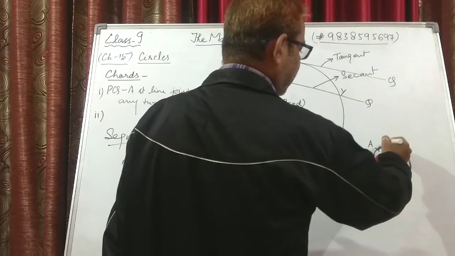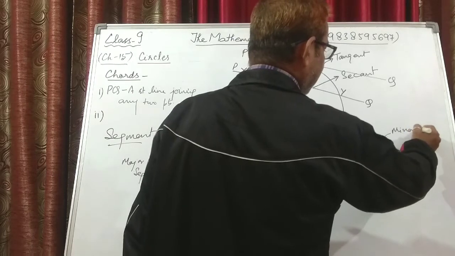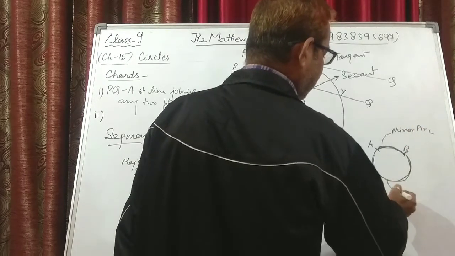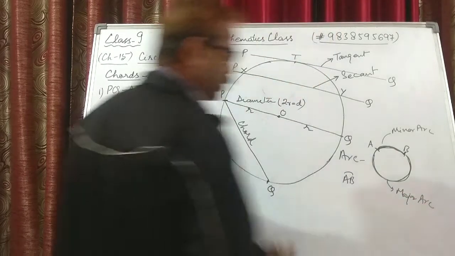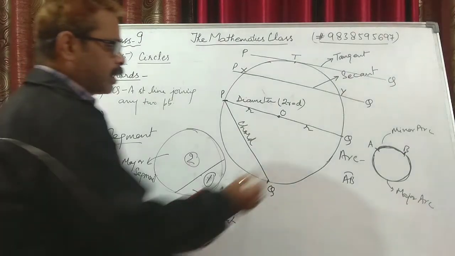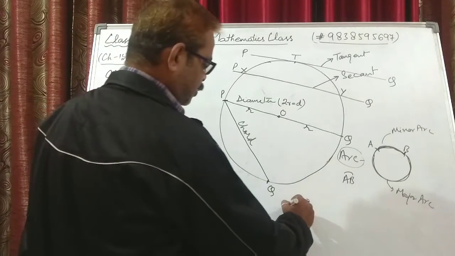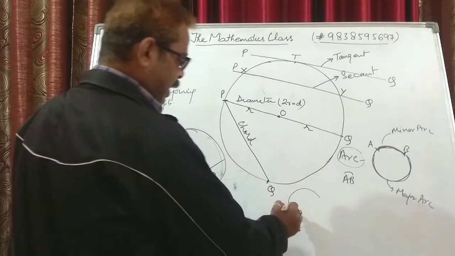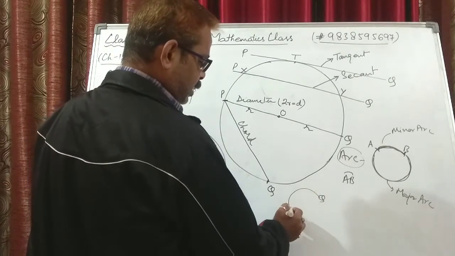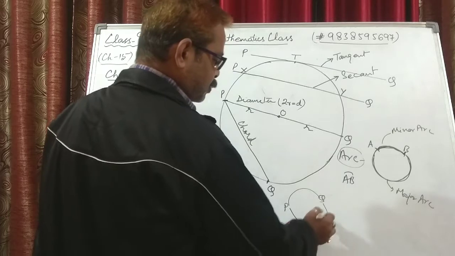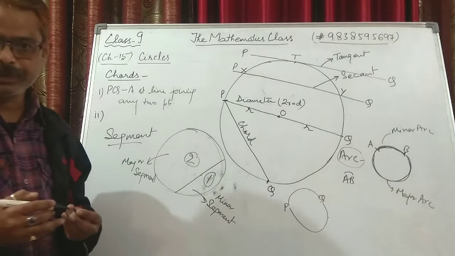So the smaller part is known as minor arc, and the bigger one is known as major arc. How will you define arc? Arc means a continuous piece of circle. Suppose I draw something less than semicircle and name it as PQ. So this is your minor arc because the rest part will be greater. So this is the major arc, this is the minor arc.